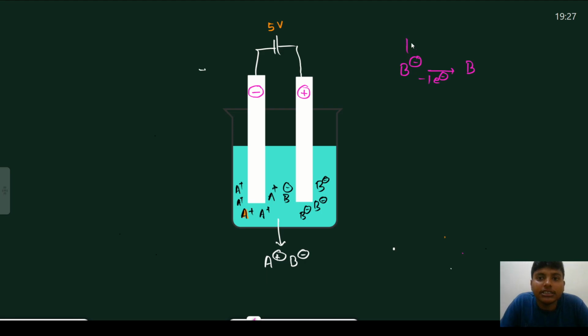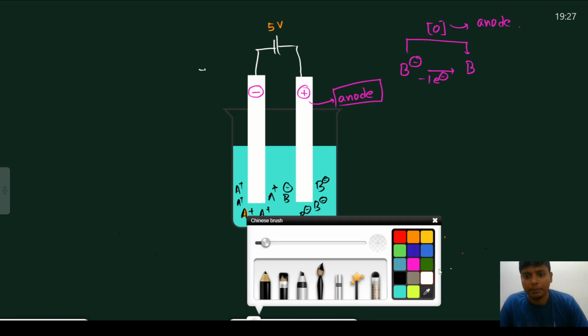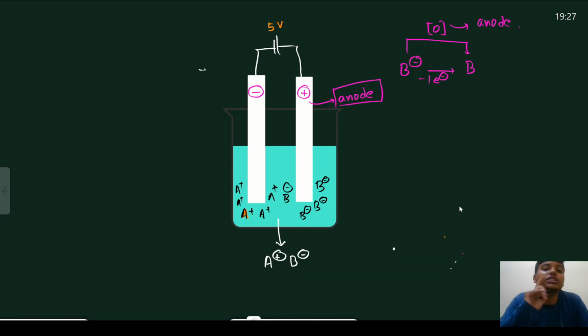So tell me, is this reduction or oxidation? Oxidation. Now tell me, where did oxidation happen? Anode or cathode? Anode. So in this electrolytic cell, anode is positively charged. But oxidation happened. So remember, anode can be positive or negative, it doesn't matter. But anode means there should be oxidation.